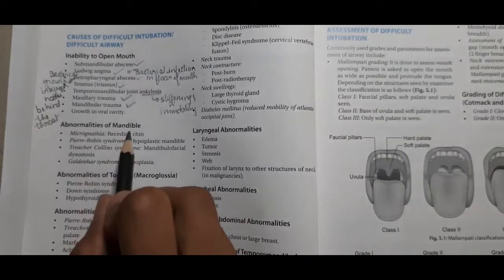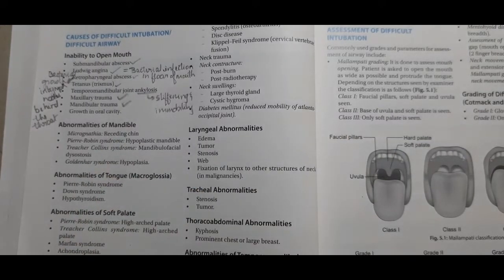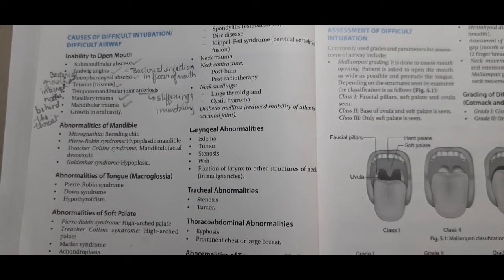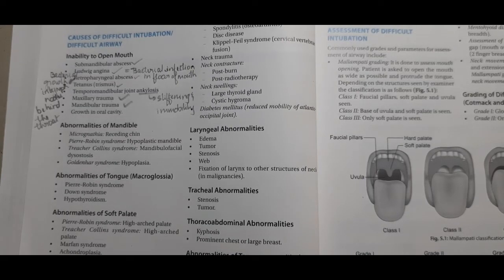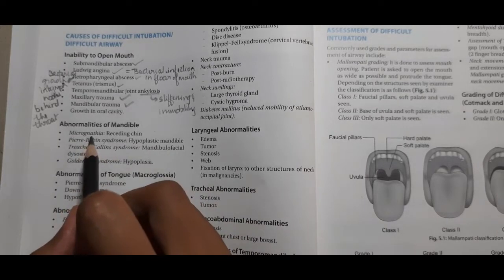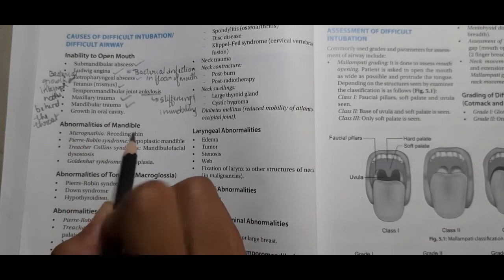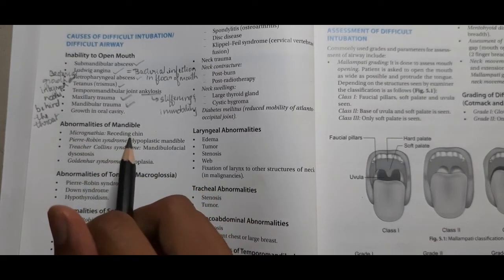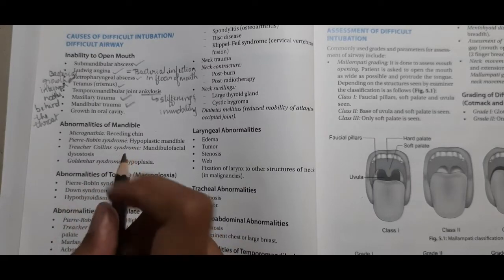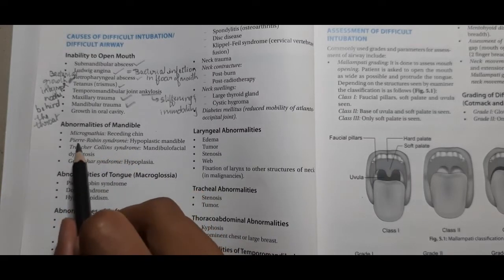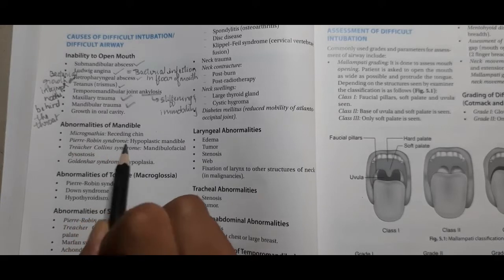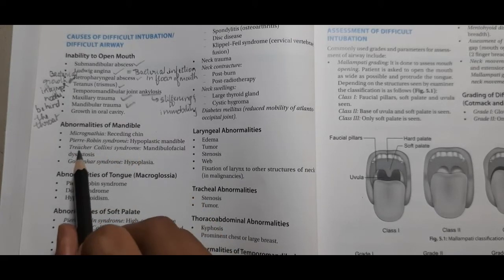Moving to the abnormalities of the mandible. The mandible is the lower jaw. Any abnormality in the mandible might be a cause for difficult intubation or difficult airway, such as micrognathia, receding chin, that is, the chin below is a little protruded, which is called receding chin. Then Pierre Robin syndrome, that is hypoplastic mandible.